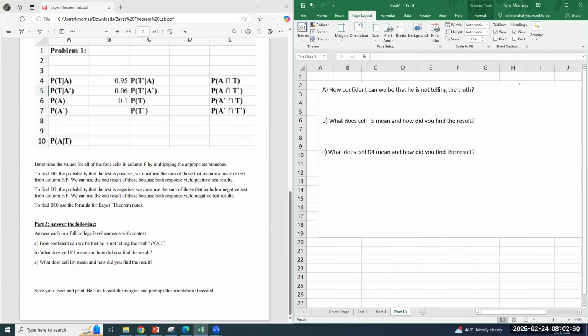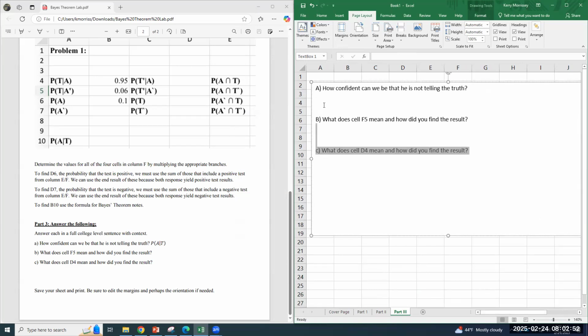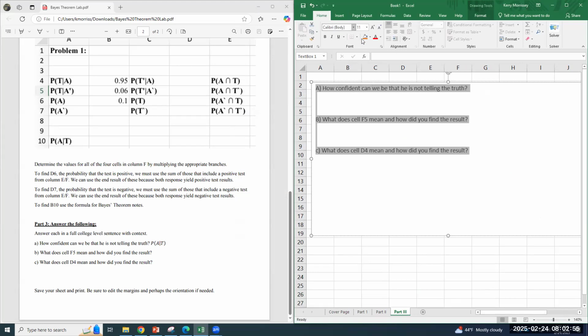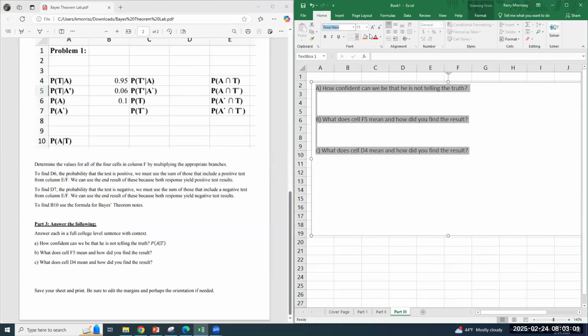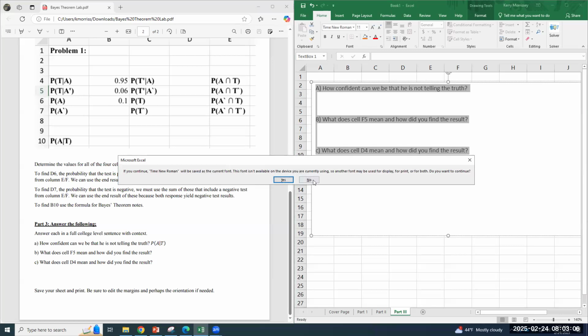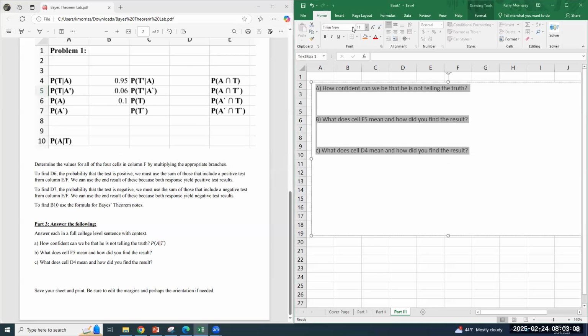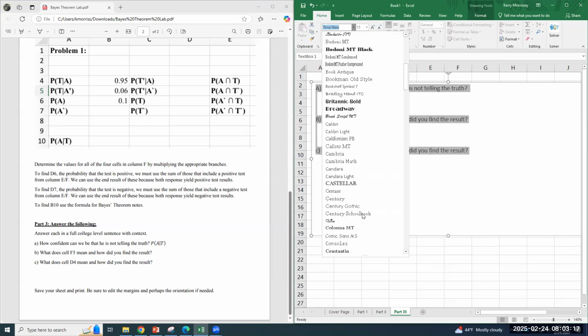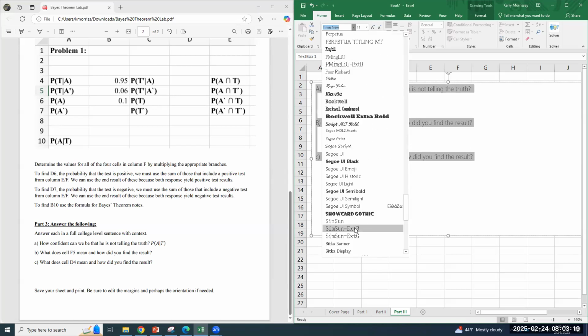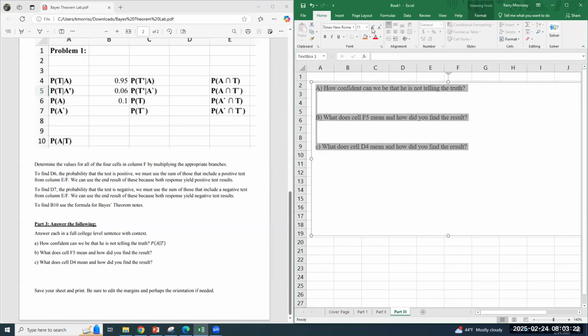Again, just make the adjustments that you want to. So I'm a huge Times New Roman person, and just like everything centered and neat, that sort of thing. So this is where you can make your adjustments. Yep.